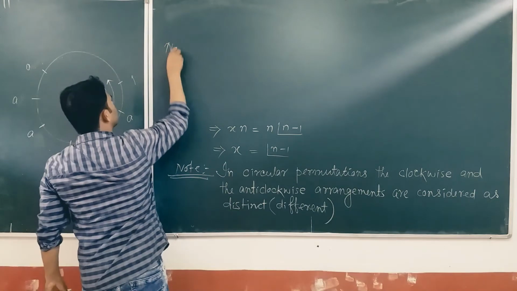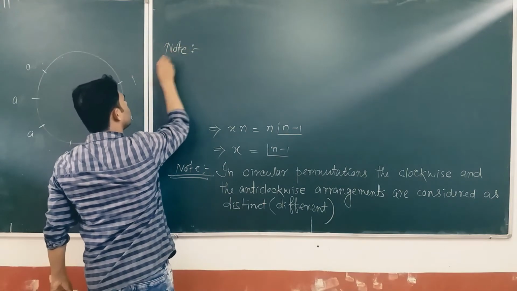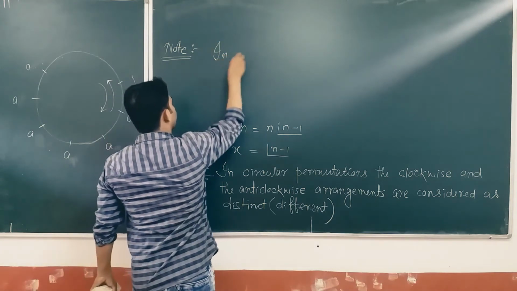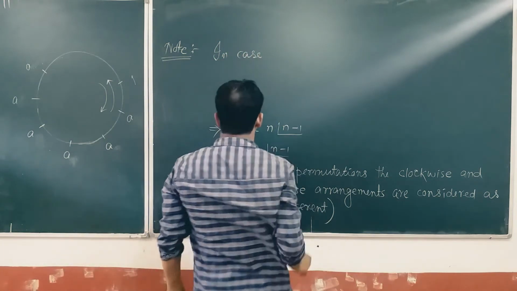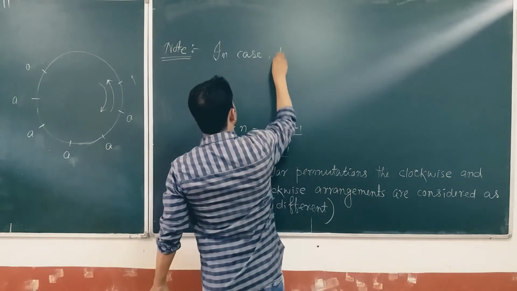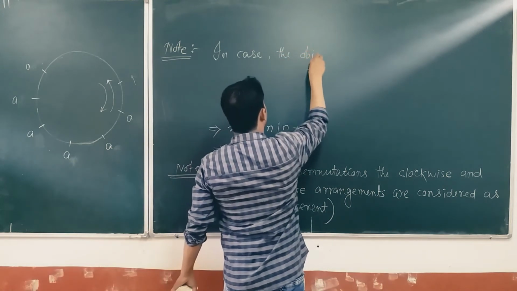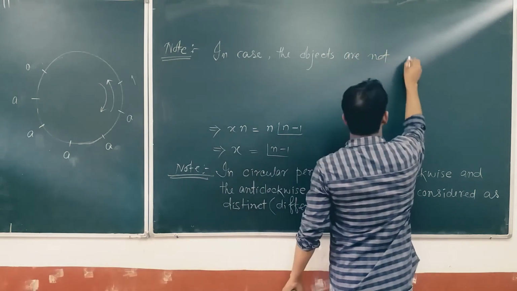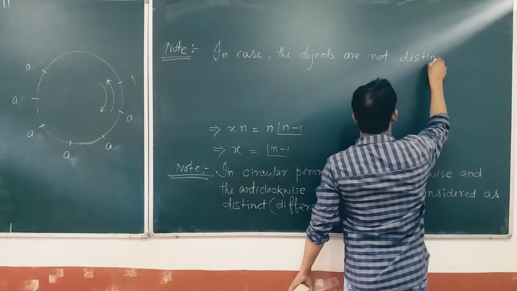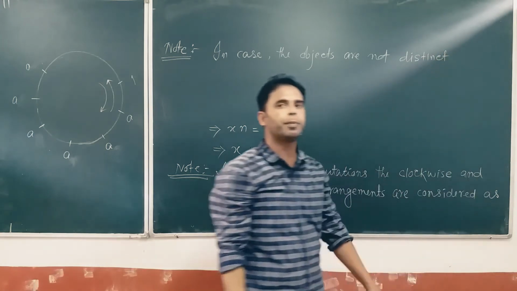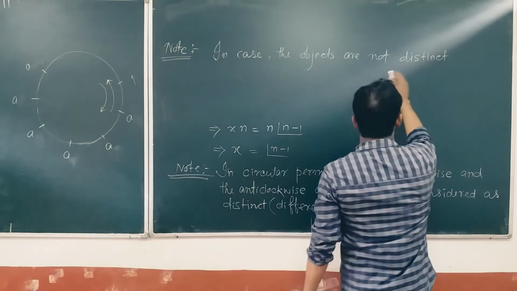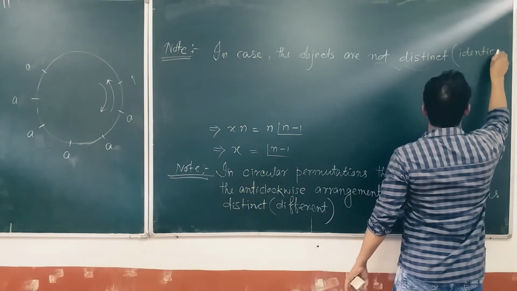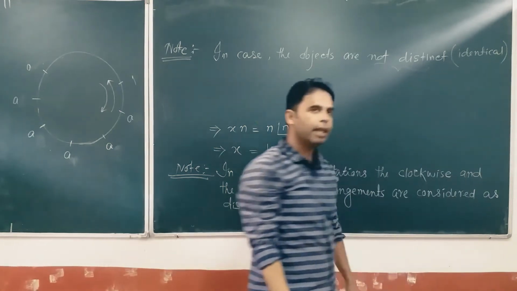So you write the second note here. And one more thing, write it here. So you write: in case the objects are not distinct, meaning identical, I have written the word identical. Identical means similar, same object.